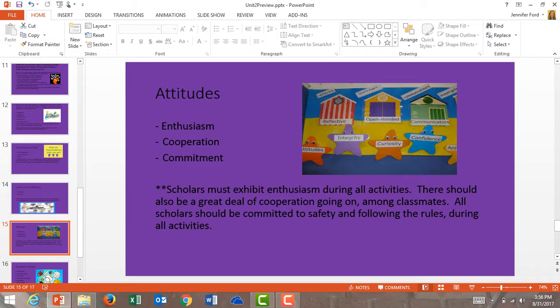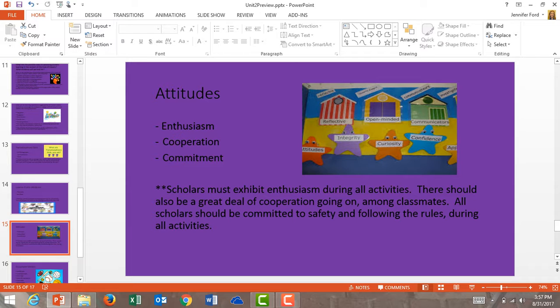The attitudes, I chose enthusiasm, cooperation, and commitment. So scholars must exhibit enthusiasm during all activities. And I know you're like, really? But the idea is to get them excited. They should want to be there doing this, enjoying it, and doing it correctly. There should also be a great deal of cooperation going on among classmates, so they need to be working together, not arguing. All scholars should be committed to safety and following the rules during all activities.